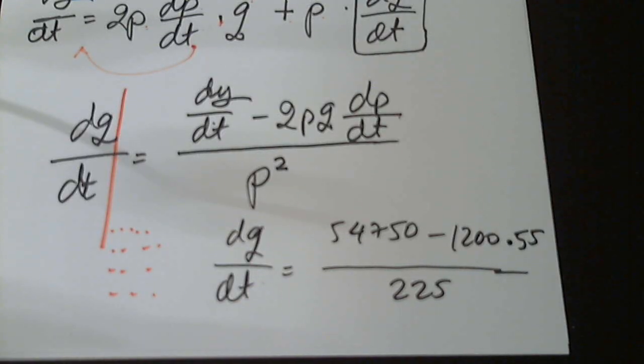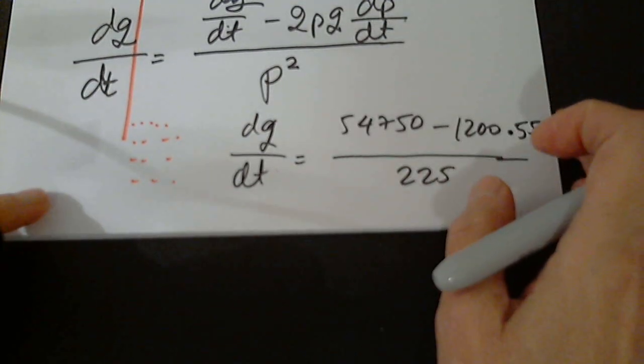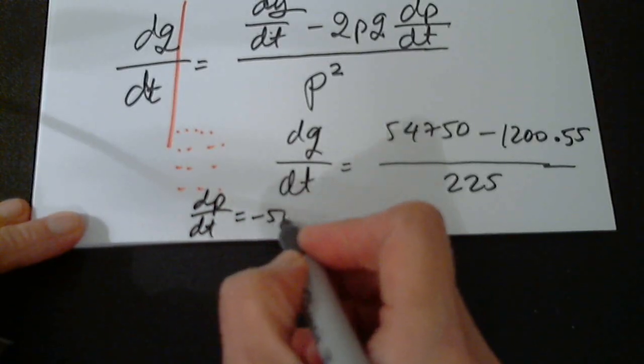Close the parenthesis and divide by 225, which is 15 squared. Okay, negative 50. So dq over dt equals negative 50.